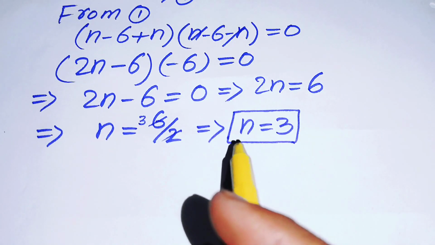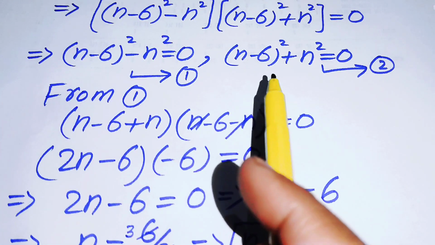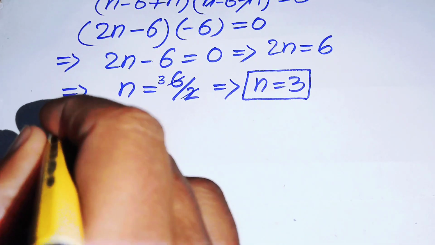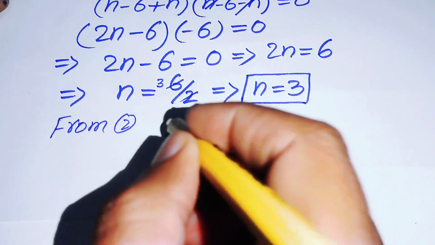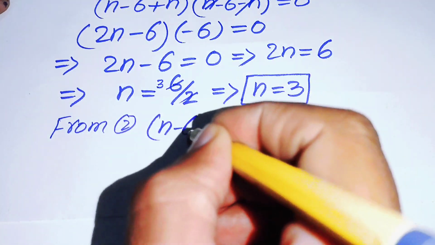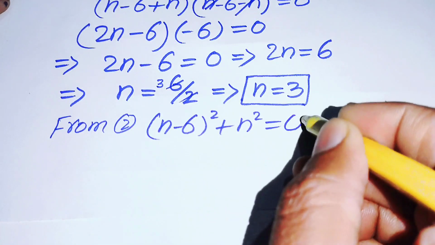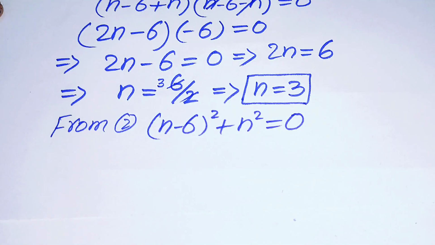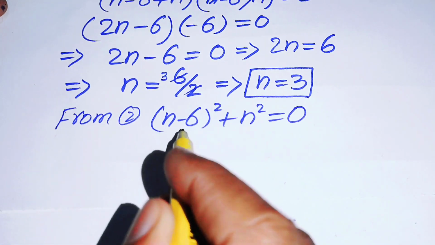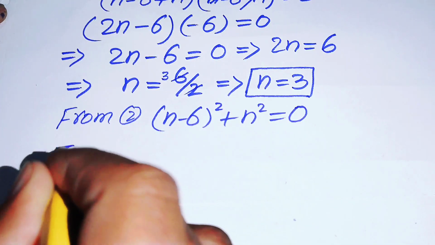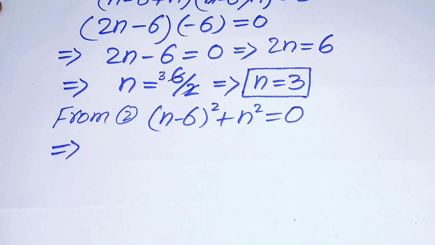So now we move towards the second equation, and from equation number 2, (n - 6)^2 + n^2 = 0. In this equation we just open the square of this term and we convert this equation into the standard form of a quadratic equation.